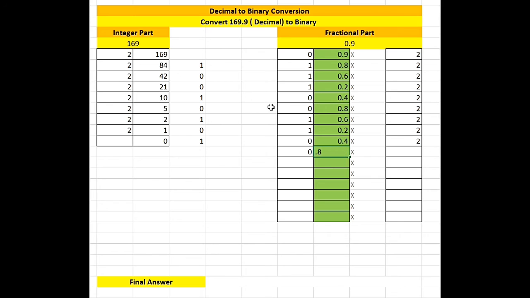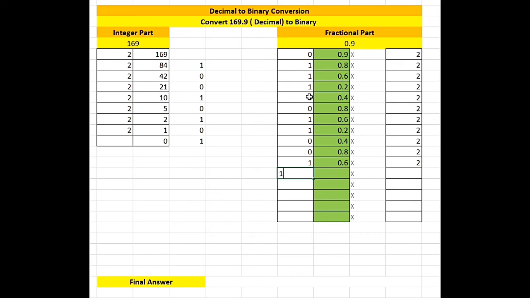Fine. So 0.8 getting multiplied with 2 again gives us 1.6. 1 goes here, 0.6 goes here. 0.6 getting multiplied with 2 gives us 1.2.